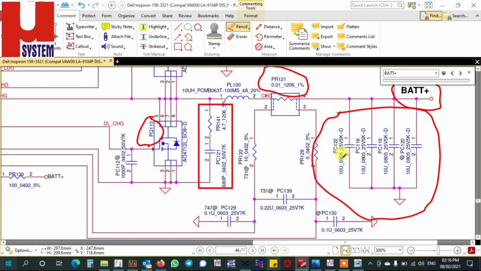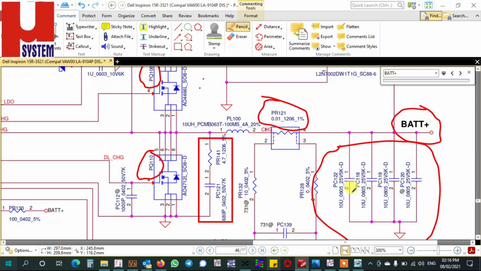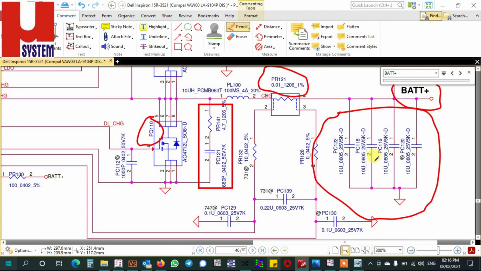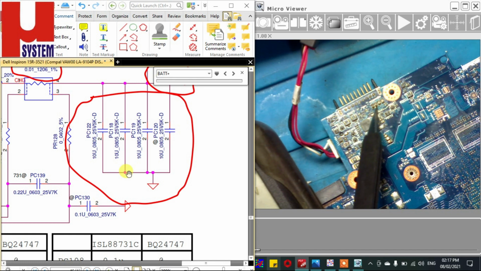These are the small components. The big MOSFETs, they basically get short also. But in this case, it may be shorting of a PF also. So we'll try to remove the PF and check. I am going to remove this PF 1, 2, 3 and 4.